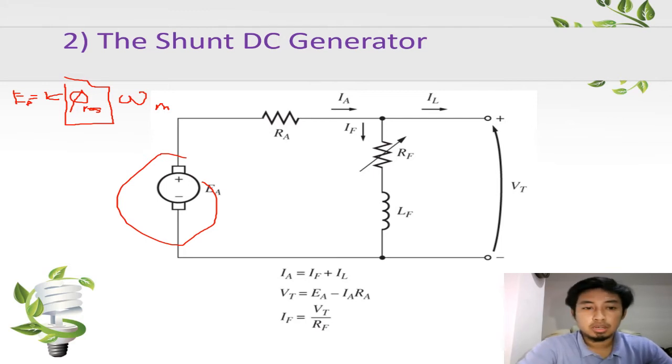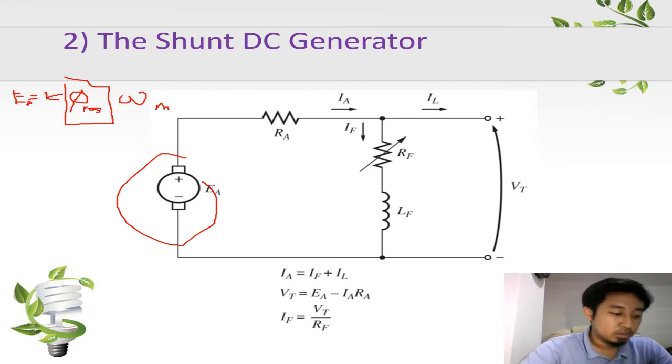This is how the internal voltage builds up in the DC generator after you turn it on. This voltage appears at the terminal of the generator. But when the voltage appears at the terminal, it causes current to flow in the generator field coil.